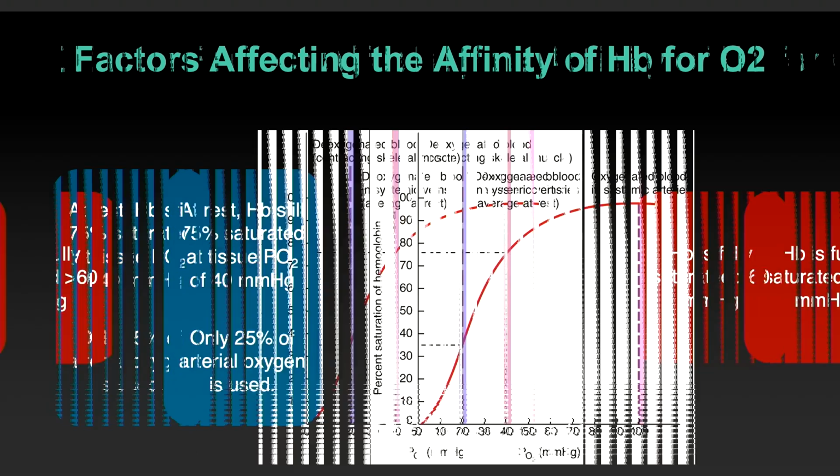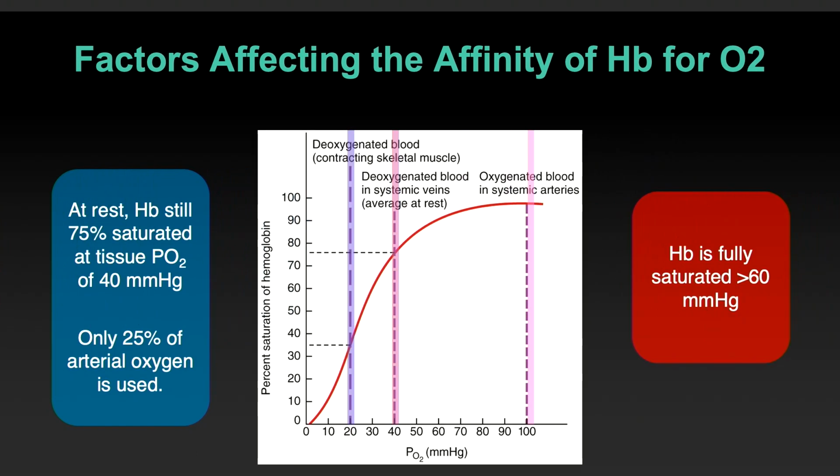They're mostly full. And that describes this leveling out of the curve at really high PO2s. So as you bind one, it gets progressively easier. And then when most of them are bound, it's hard to find a spot for the O2 to load.